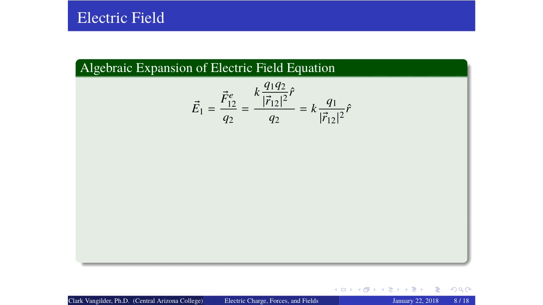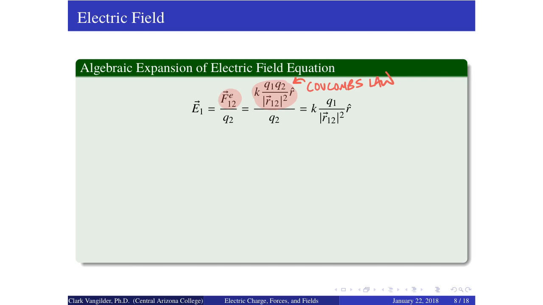So here's the electric field equation. The first thing I want to point out is that this right here is just Coulomb's law. That was one of the things we started off with.